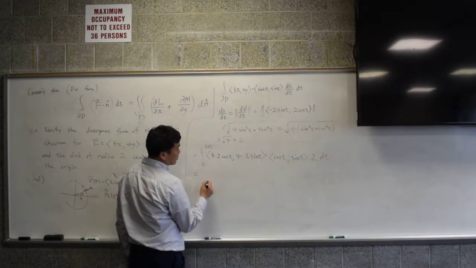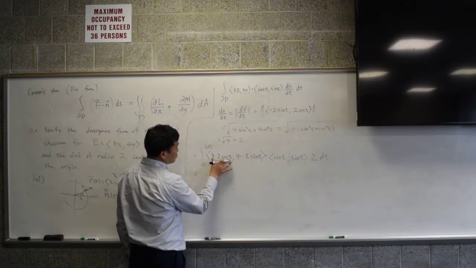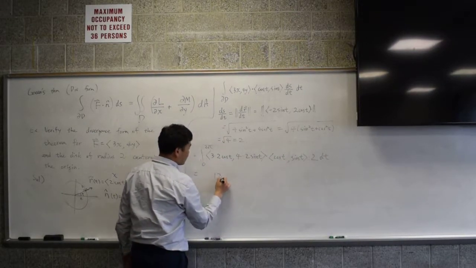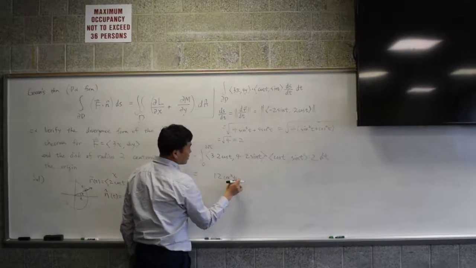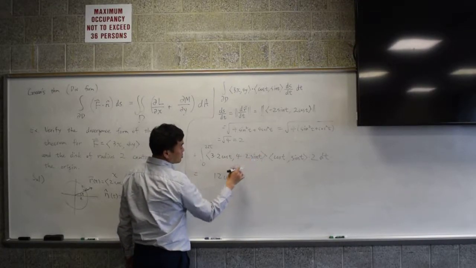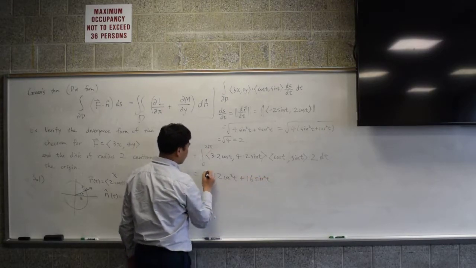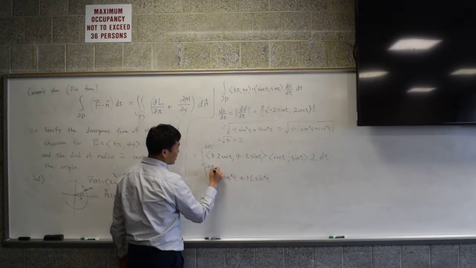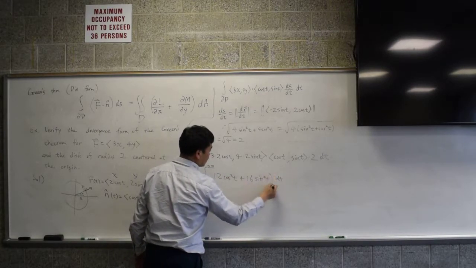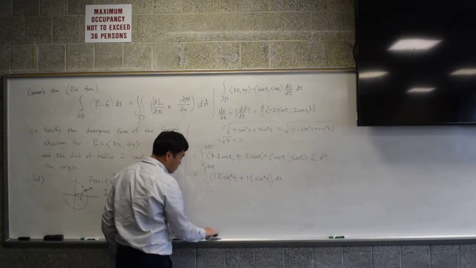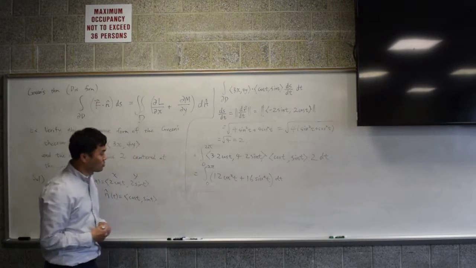And then 6 times 1 times 2, that's 12 cosine squared t. 4 times 2 times 2, that's 16 sine squared t, dt from 0 to 2 pi. And because of our lack of time, let me just tell you what to do afterwards.